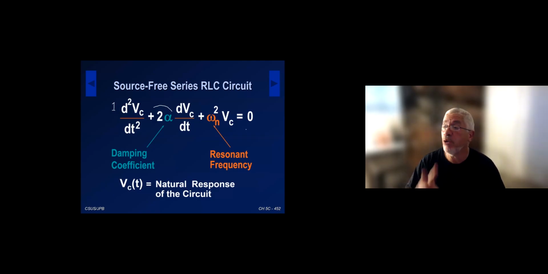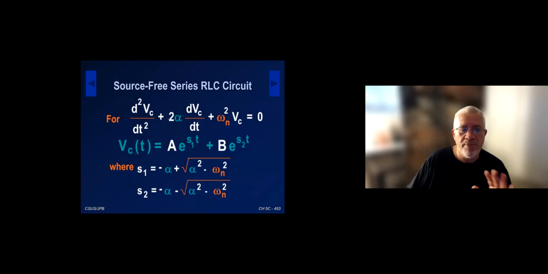I'm going to show you there are 3 cases, which depend on the relative value of alpha and omega n. Let's cover these 3 cases, and then I'll go back and put some values into my resistor inductor circuit and do 1 case just to show you, and then we'll pick it back up.